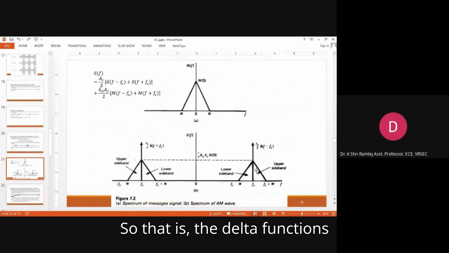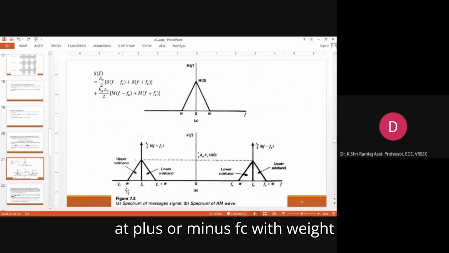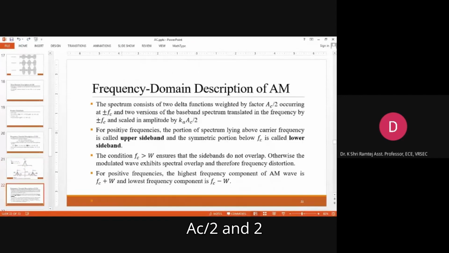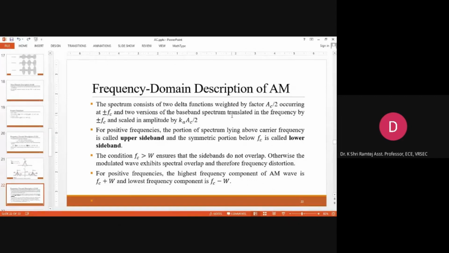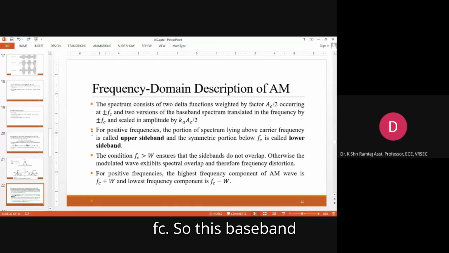So those are the delta functions at plus or minus fc with weight Ac by 2, and 2 versions of the baseband spectrum translated in frequency by plus or minus fc.